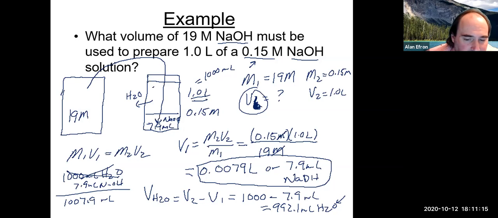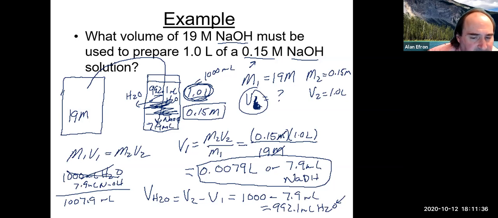So we would put in there 992.1 milliliters of water with our 7.9 milliliters of sodium hydroxide. That gives us a grand total of 1 liter. And again, if you mixed it really well, the concentration of this new solution should be 0.15 molar.